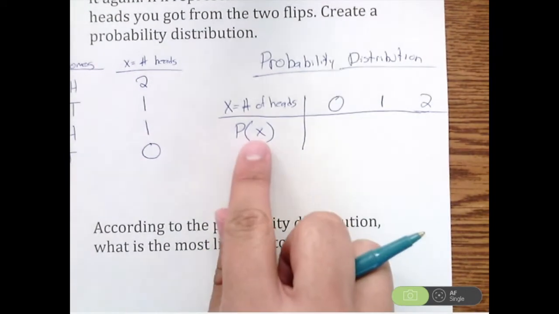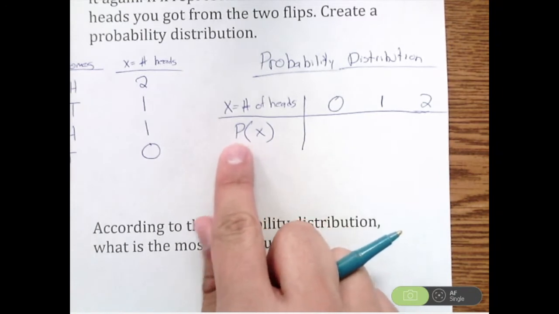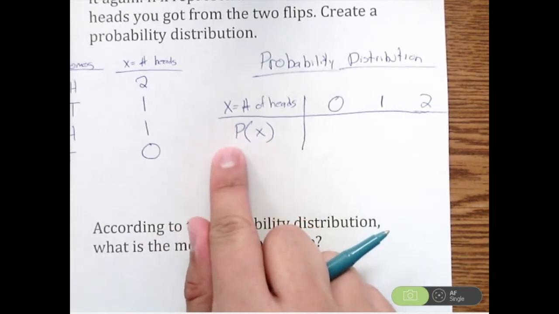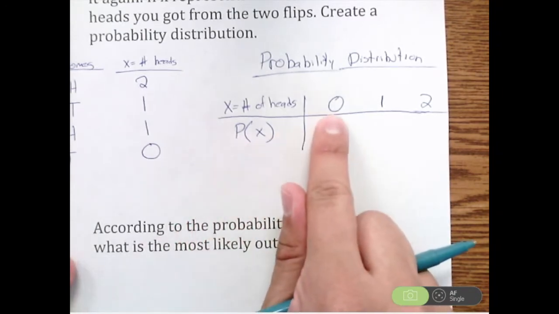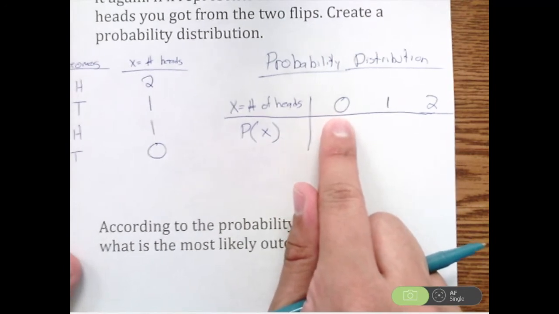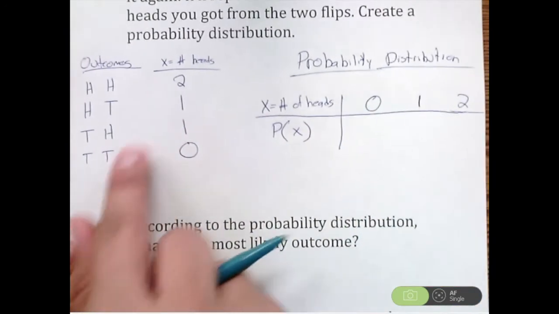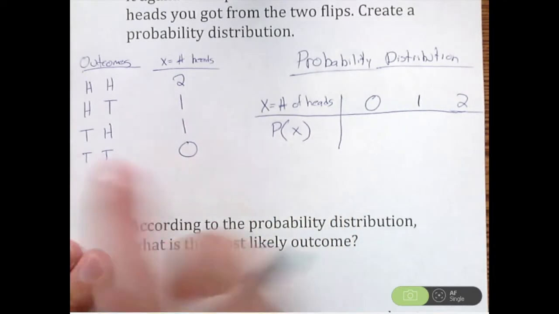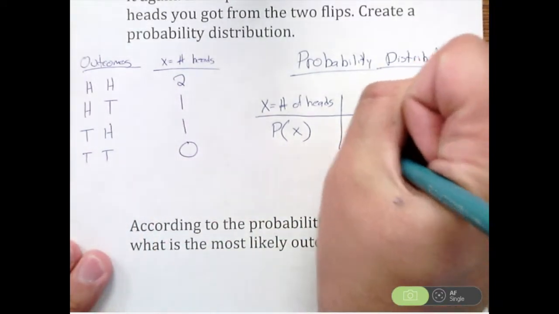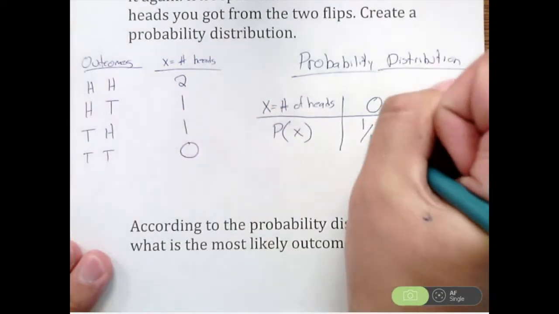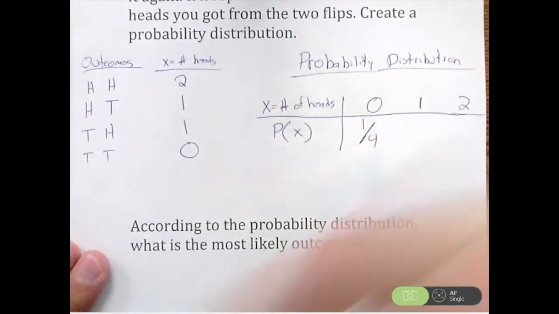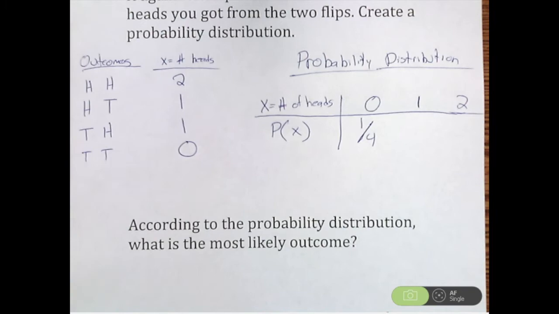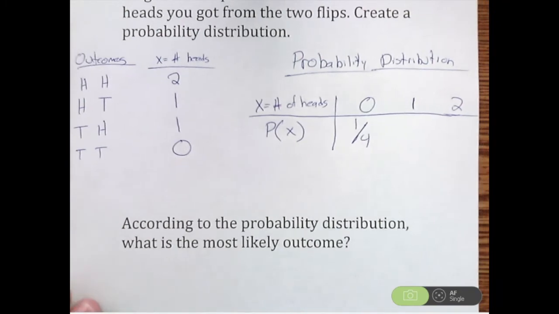So what this P(X) row signifies is the probability of X happening. So what's the probability that we get 0 heads? Well, if I look at my outcomes, how often do I end up with 0 heads? It happens one time out of 1, 2, 3, 4 possible outcomes. So 1 out of 4 chance that we get 0 heads.